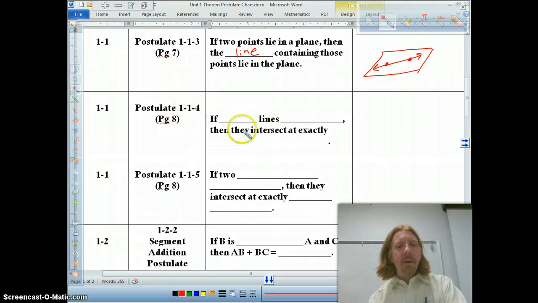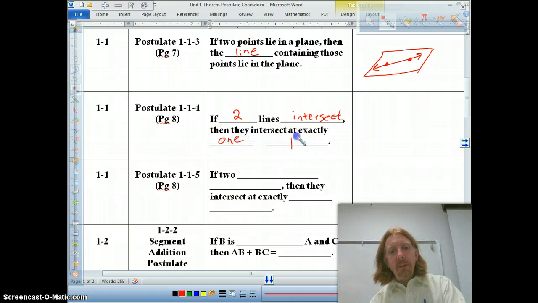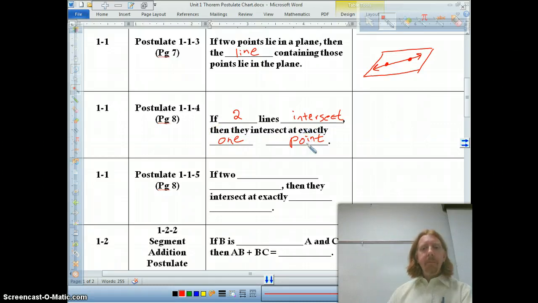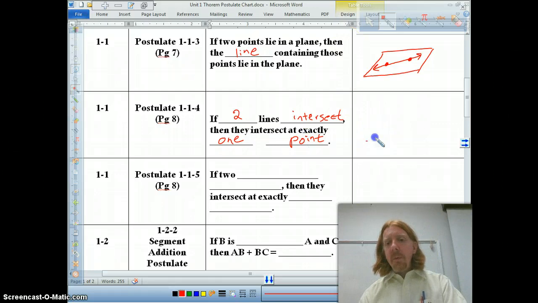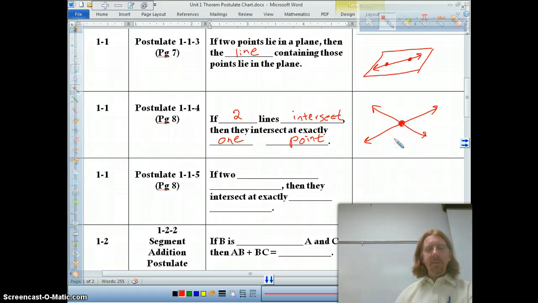Postulate 1.1.4. If 2 lines intersect, then they intersect at exactly 1 point. So there's a line, there's a line, and they intersect at exactly 1 point.